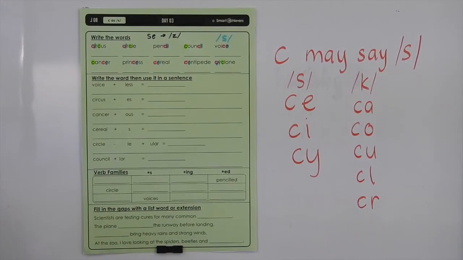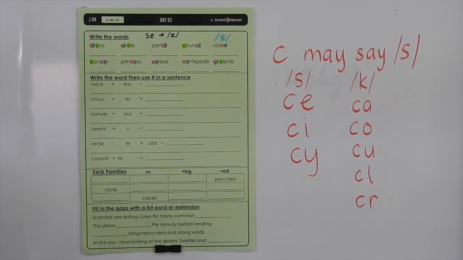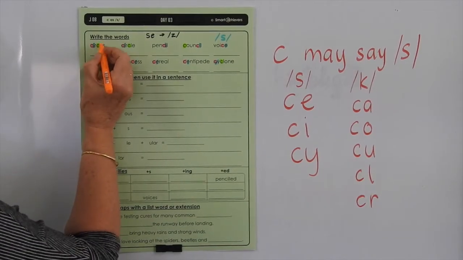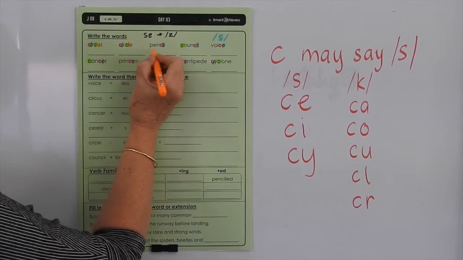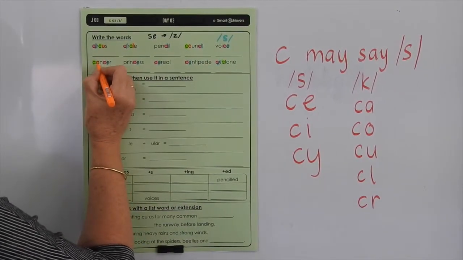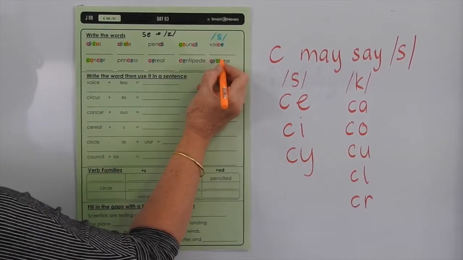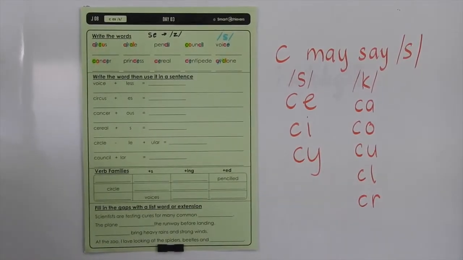So there are quite a few C's where it's making its hard sound K. And if we look, we can see that after this C we've got a U, an L, an O, an A, or an L. So they're those ones down there.